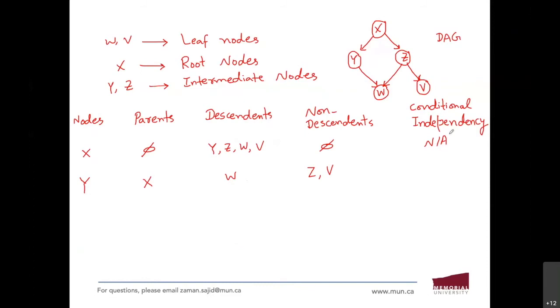So for the conditional independency of Y, it will be your IP. Now we are concerned with the variable Y here, and there are two non-descendants, which are Z and V here. Because there are two, we just write them in the curly brackets.